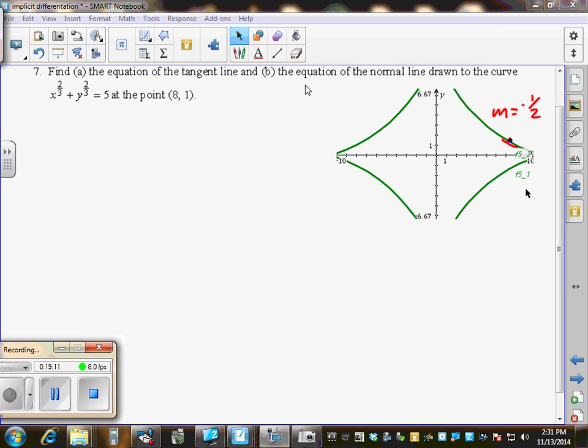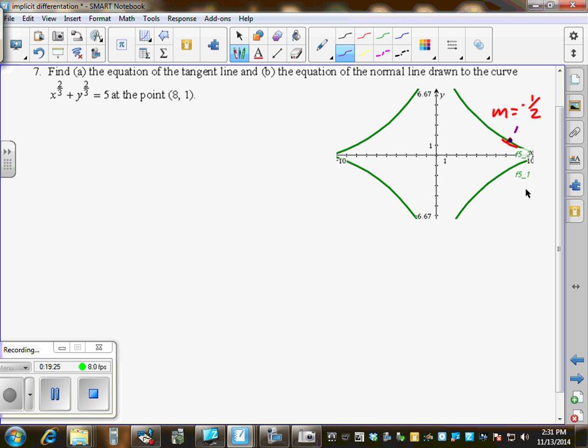Okay, we're going to do part 7b now, the equation of the normal line. In the previous step, we found out that the slope of the tangent at that point was negative 1/2. We are now looking for the slope of the normal. We know that that would be this line here, and we want the equation of that line that is perpendicular to the tangent.